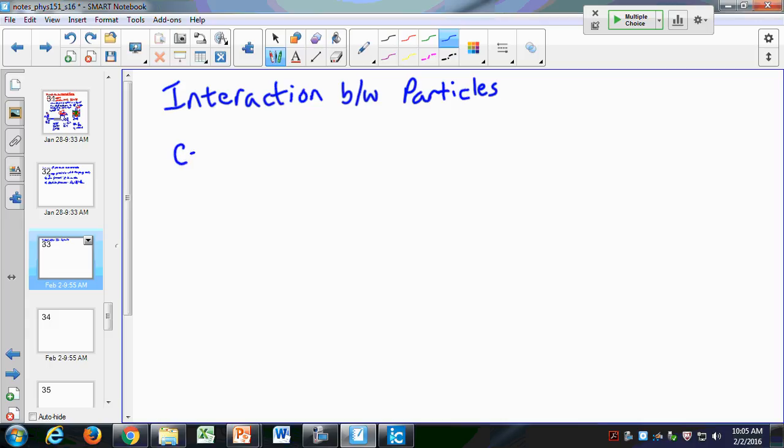Let's consider a container of gas. This is a closed container of gas. Otherwise you can't really have a container of gas, because if it's not closed, the gas will just leave.